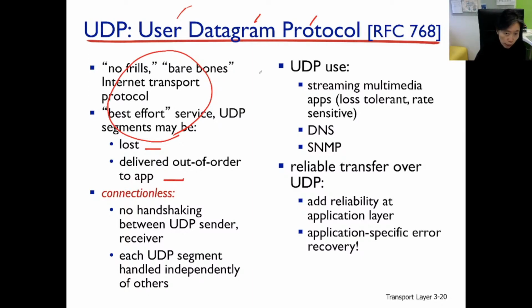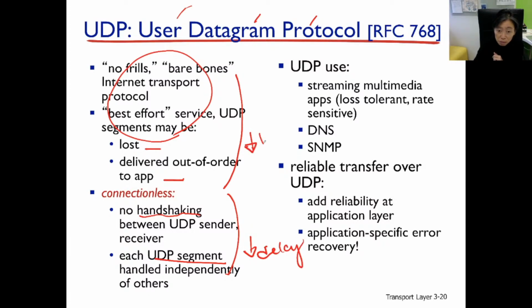So no reliability, unreliable. Second characteristic of UDP is that it's connectionless. Therefore, there's no handshaking, no connection setup phase, no connection setup delay. As soon as we have data to send, we just generate these UDP segments and push them out. Very low delay, while we also have very low reliability.